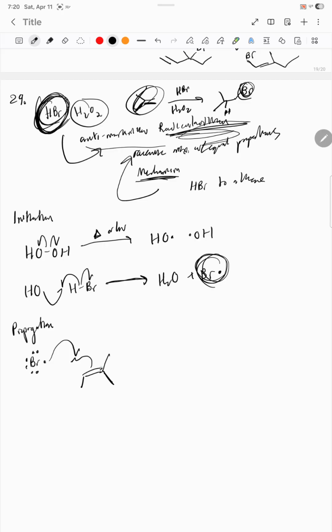That's only half of it, and where will the other radical go? The other radical will go on the more substituted carbon, so we get a more substituted radical, while the Br ends up on the less substituted carbon. This is our new radical.